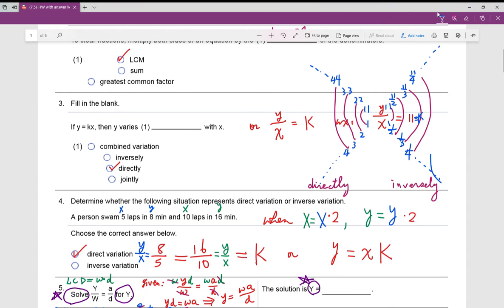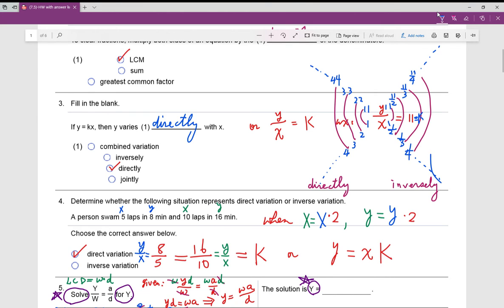Okay. So this type of formula, we have a special name called y varies directly. Y varies directly with x. Why do we say directly? When x doubles, y doubles.